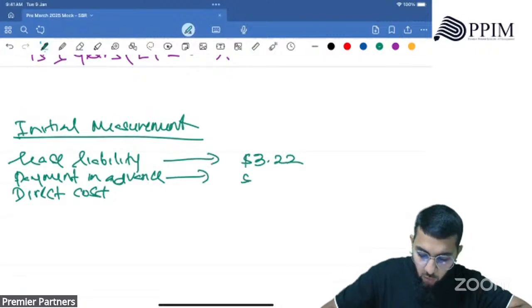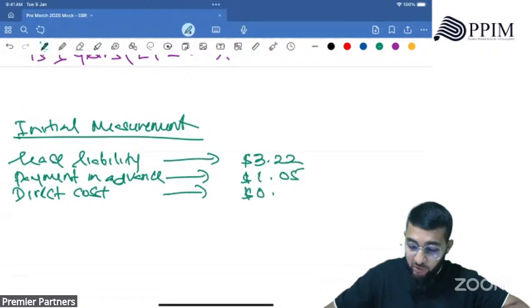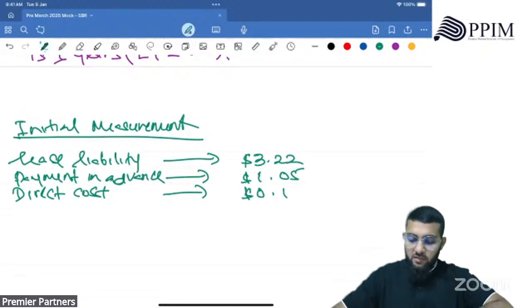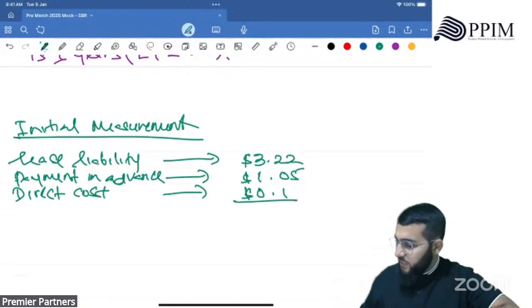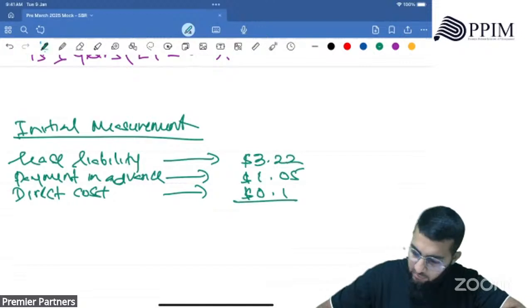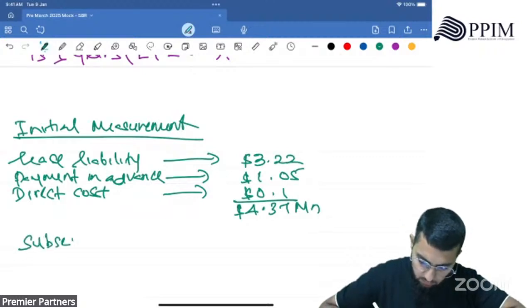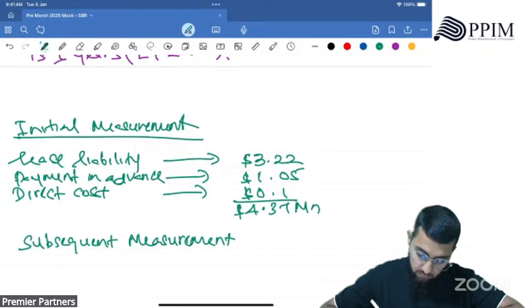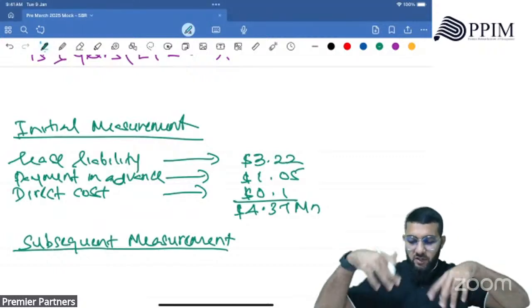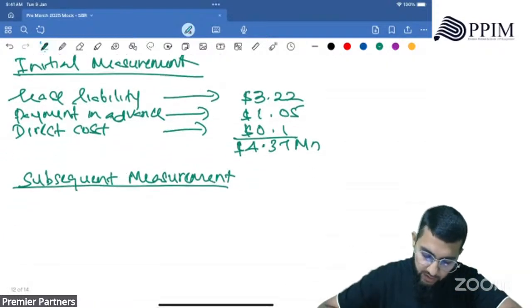Payment in advance has been 1.05 and 0.1 has been the direct cost. Okay, 0.1 has been the direct legal cost. That brings us to our total initial measurement of 4.37 million of asset. Depreciation subsequent. So you all don't need to show it separately. You can do it in this itself. Below that you depreciate, but here I'm showing it for your clarity, right?